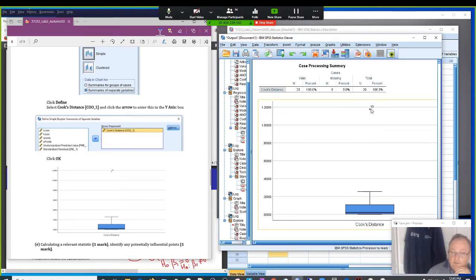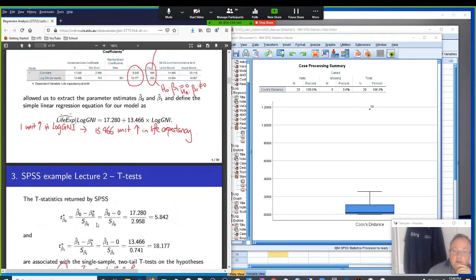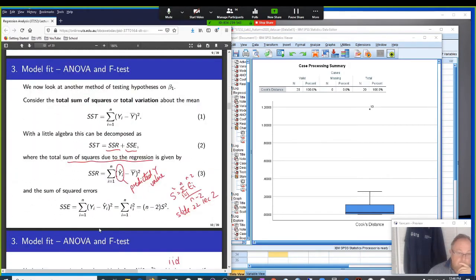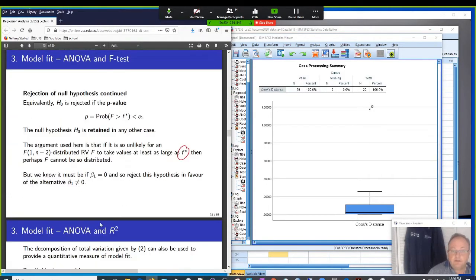They've got a data point 13. Now, using the relevant statistic, can we work out if it's an influencer? Is it an influential point? So if we go back to our lecture and look down for influential points, they're all about normalities and fits.